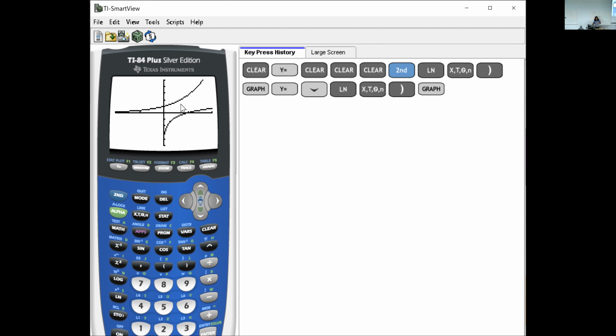What do we know about an exponential function? An exponential function will get closer and closer to 0 as it goes to negative infinity, but it will never become 0. Same argument here.